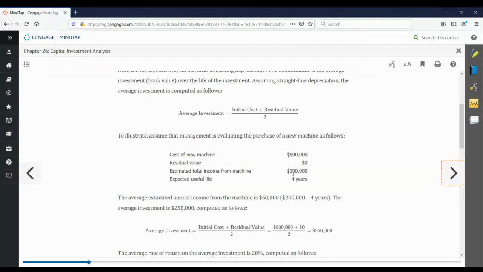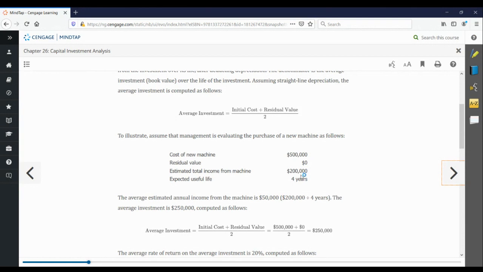So over the 4-year period, the total amount of the income that they think they're going to produce from the purchasing of this machine is going to be $200,000. So we would add all of the income up for the 4 years, and they're giving you a total amount of $200,000.